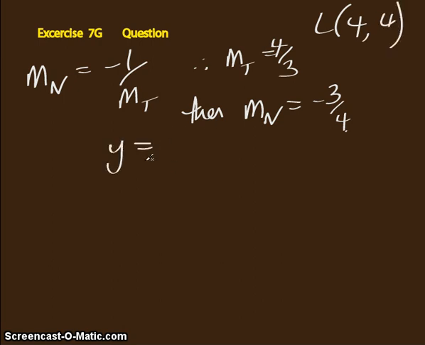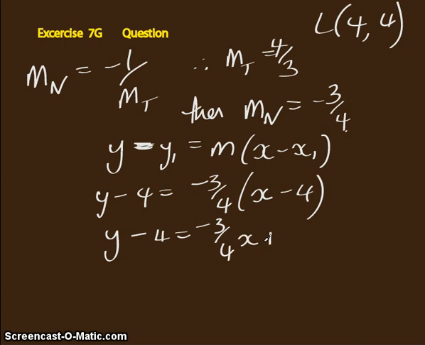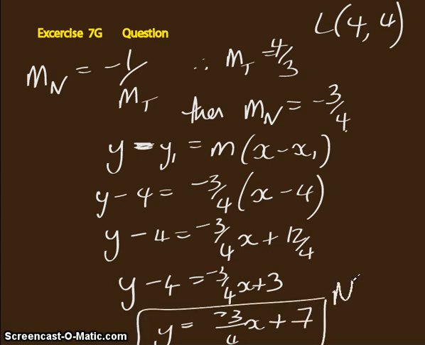We still use the point gradient formula, y minus y1, y minus 4, and this here is the equation of the normal.